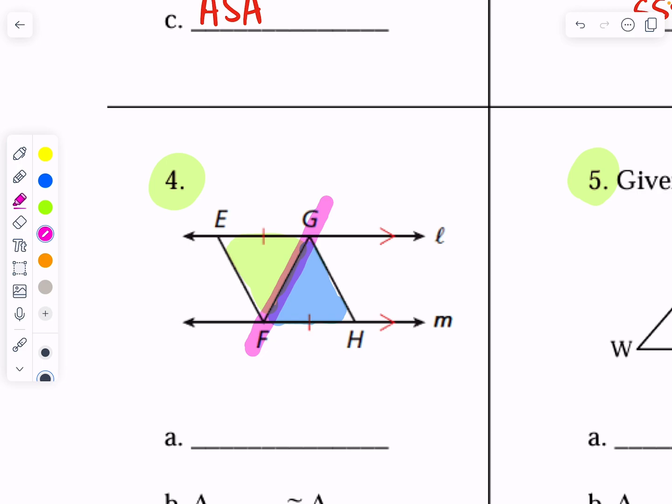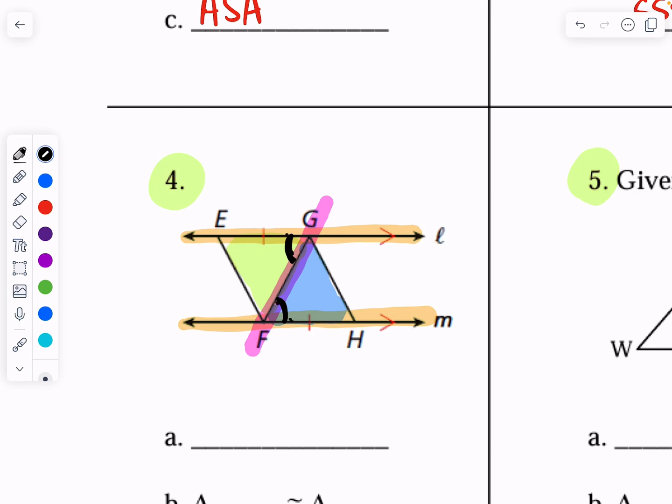I'm going to also highlight my parallel lines just so I can see the colors, because I want to make sure that it's touching the pink and the orange. So when I do that, I can see that I've got an angle here and an angle here. Those are both touching the pink and the orange, pink to orange.